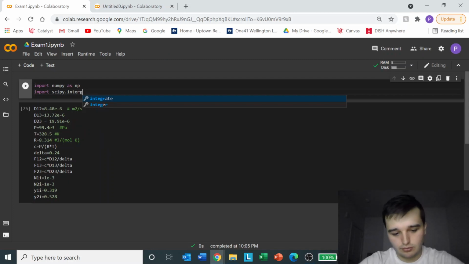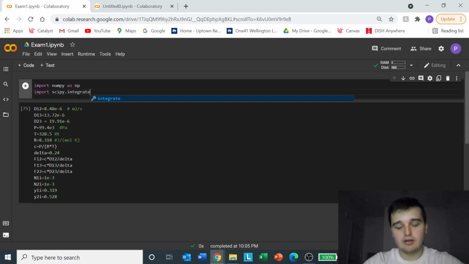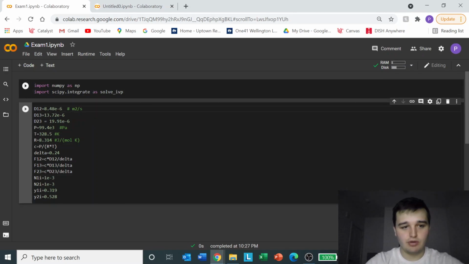So from the integrate catalog, we need to import the solve_ivp function, and that'll allow us to solve initial value problems.